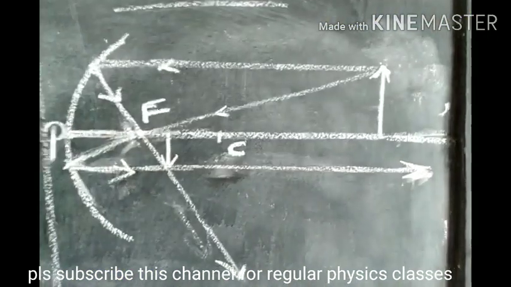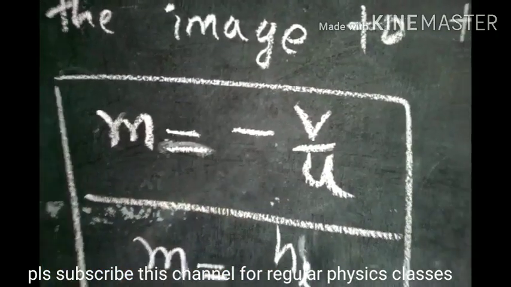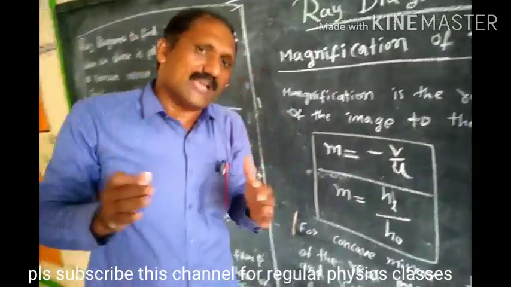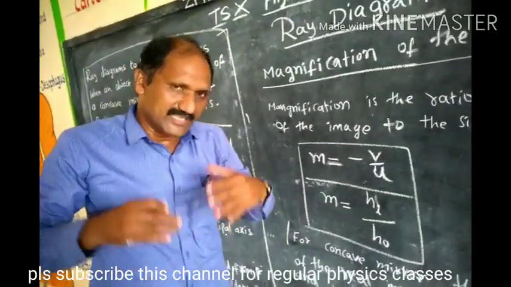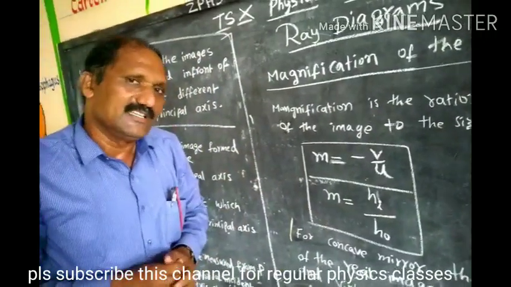To know that it is inverted, here we get the negative value. That's why for a negative magnification value, the image is real.